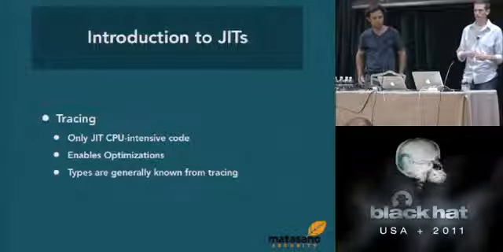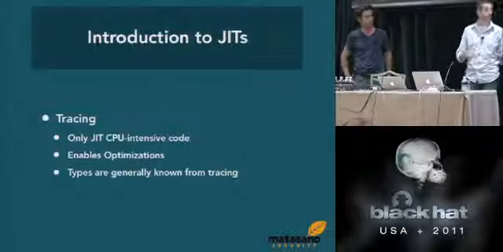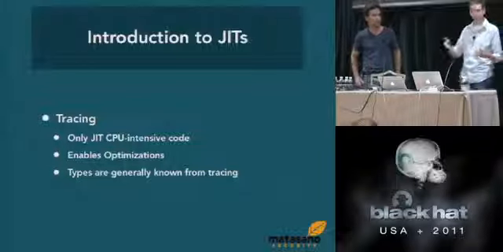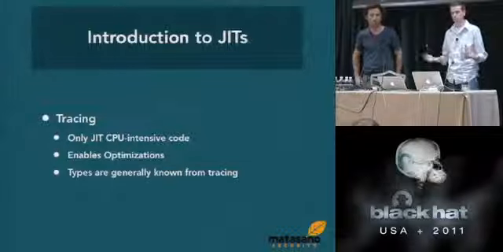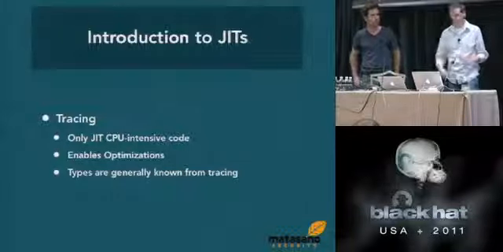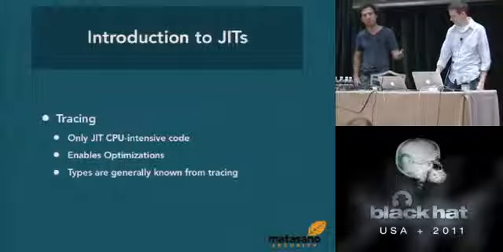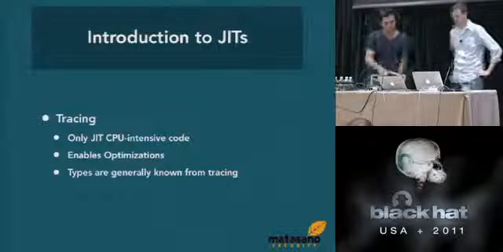One of the benefits you get from a tracing JIT is the types are already known because you've already watched this bytecode execute a number of different times. So you can make a pretty good guess: the 6th time it operated on integers, the 7th time it's probably also going to operate on an integer. Yep. And this assumes that the performance gain you're going to get from emitting code is going to be greater than the amount of time it took to emit all that code.